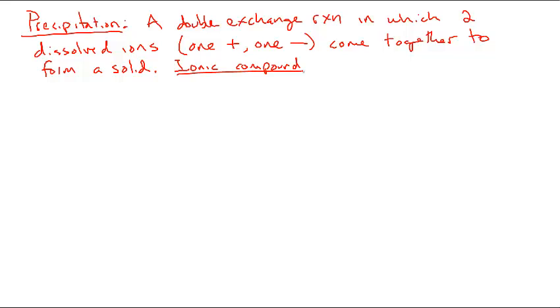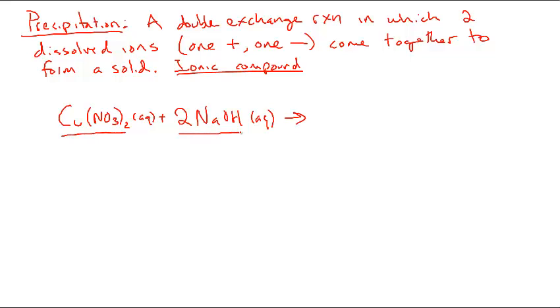So one example from what you guys saw in the lab was this, where you have a solution of copper nitrate and a solution of sodium hydroxide come together and make a solution of sodium nitrate plus copper hydroxide.